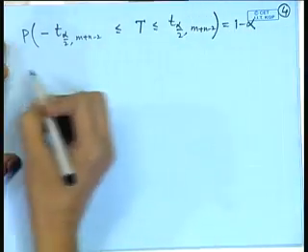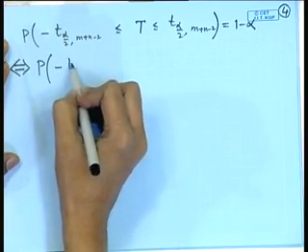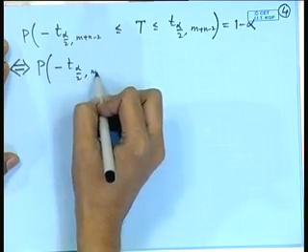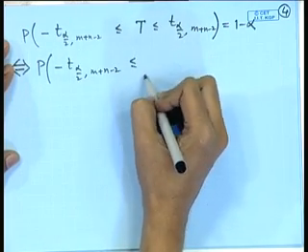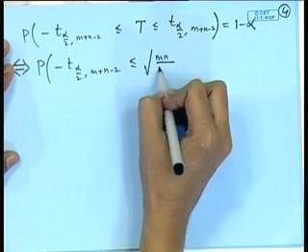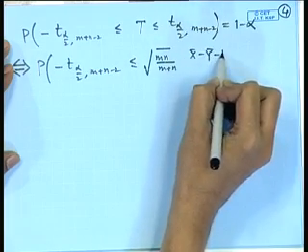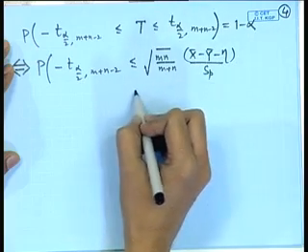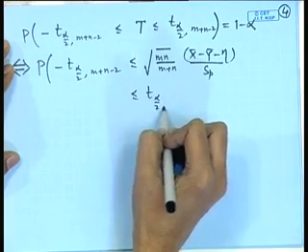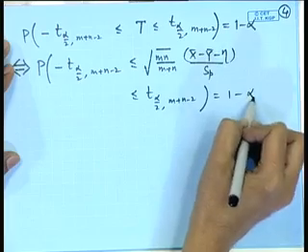So, expanding this t and then adjusting the terms, we will be able to construct a confidence interval for mu 1 minus mu 2. So, t is here square root of m n by m plus n, x bar minus y bar minus eta, divided by S p, that is less than or equal to t alpha by 2 m plus n minus 2, that is equal to 1 minus alpha.